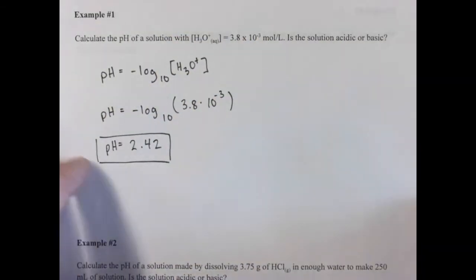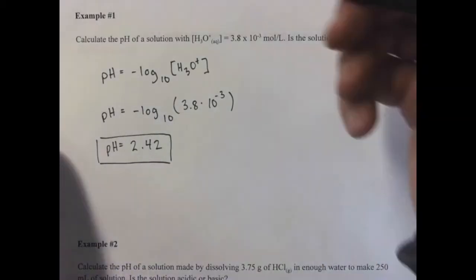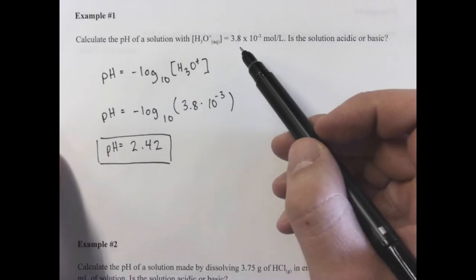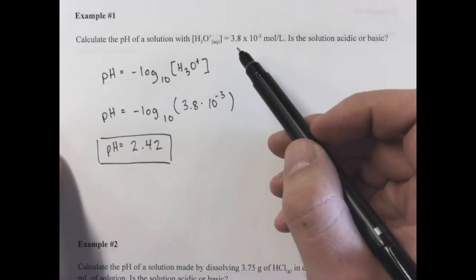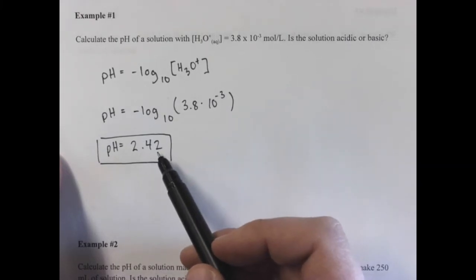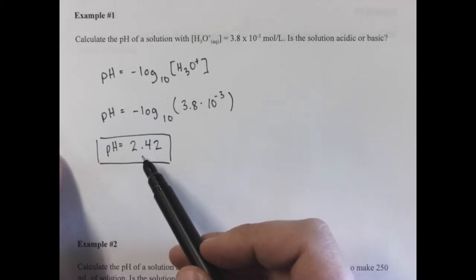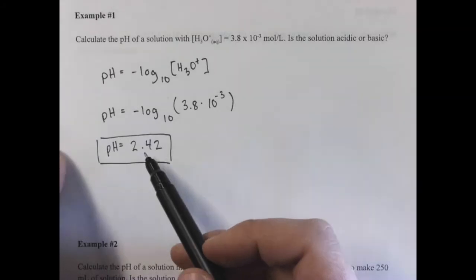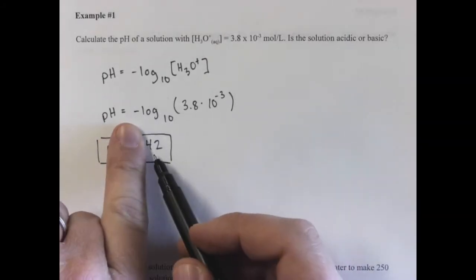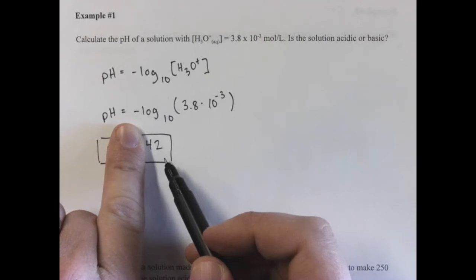Now, the rule for significant digits is that the number of significant digits I have in the hydronium concentration is equal to the number of digits I place after the decimal point in my pH. So really the only significant digits inside my pH are the 4 and the 2.